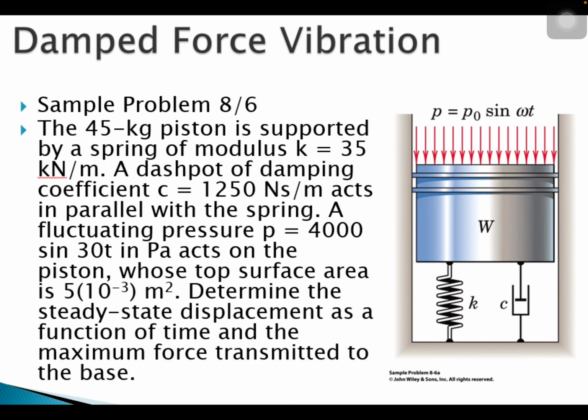In this question, we need to find the steady state displacement. You need to understand that when it says steady state, it means we consider only the vibration caused by the force applied to the system. We can ignore the transient vibration, which is from the free vibration in the system.